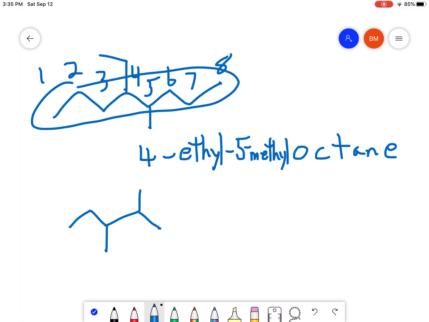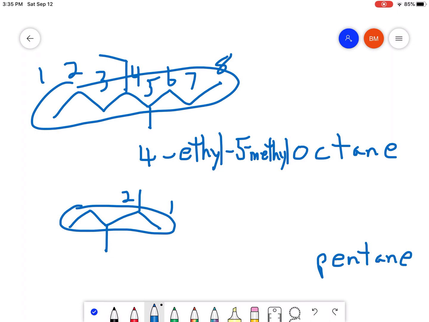Okay. Alright, the longest continuous chain in this one is going to be 5. It's going to go that way. That's going to correspond to pentane. And if you look at this, I think you can see that numbering it from right to left is going to be the way to go here, because that gives you your first substituent at 2 instead of 3.